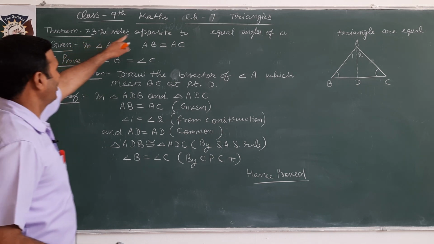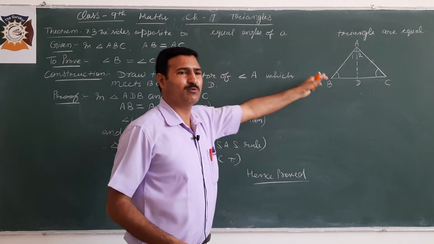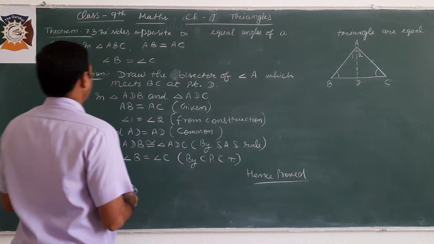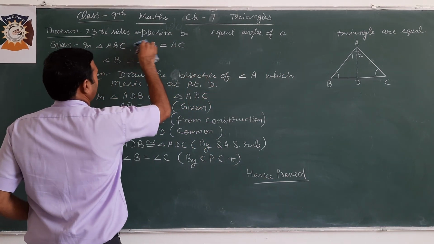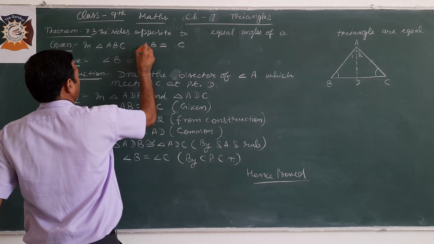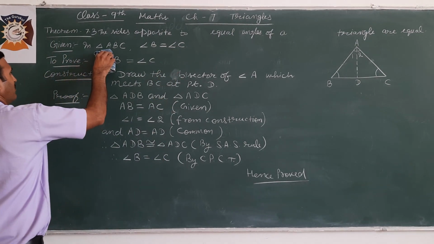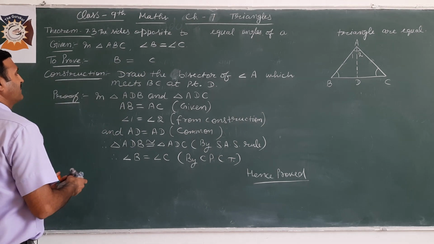The sides opposite to equal angles of a triangle. Equal angles means equal angles are given. In triangle ABC, angle B is equal to angle C. It's given. To prove, we have to prove the sides.